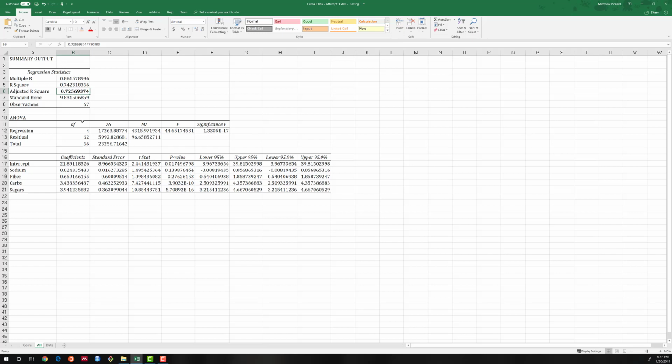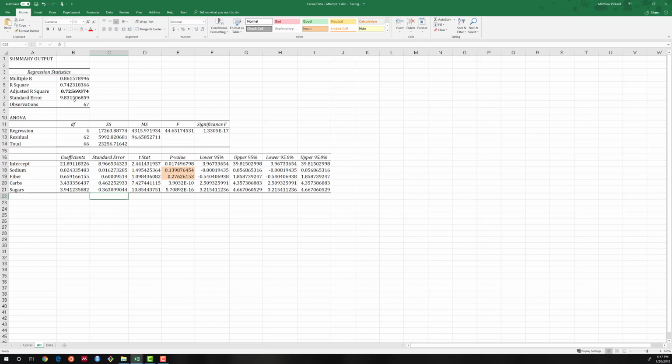The process we're going to go through is we're going to take hints from the p-values, and really just the 4 nutritional factors here, not the intercept. We're going to look for p-values that are above 0.05, and in this case those two are above 0.05, so we're going to highlight them and remove one variable at a time.